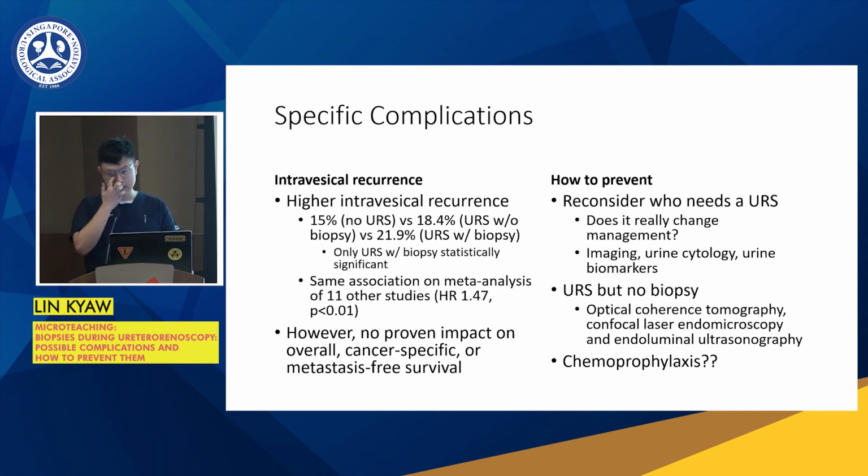In cases whereby we deem that a URS is truly necessary, there are new technologies out there which may help us to essentially grade or even stage the tumor without a biopsy. These are things such as optical coherence tomography, like the one ophthalmology uses for the retina, confocal laser endomicroscopy, as well as endoluminal ultrasound.